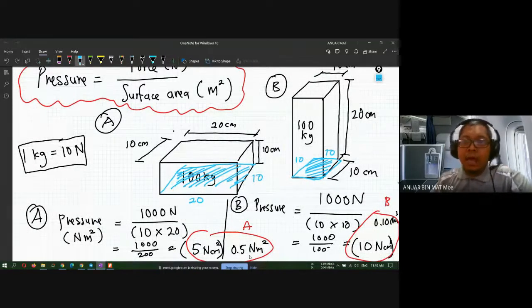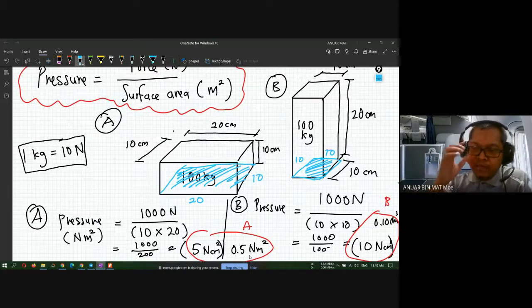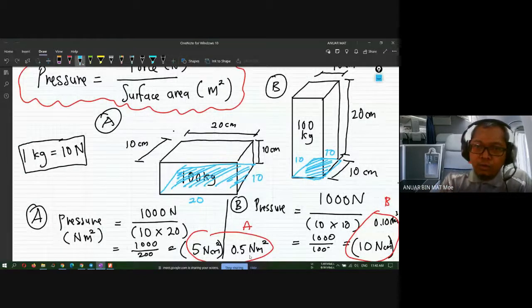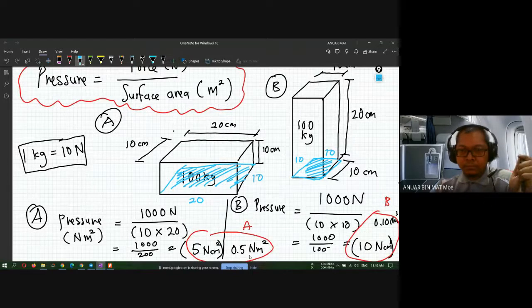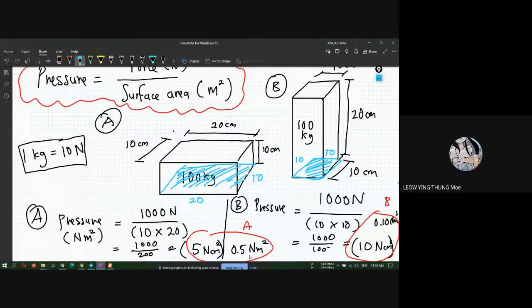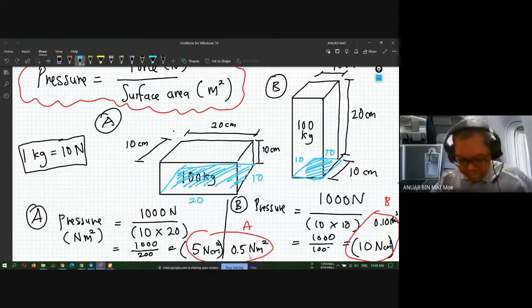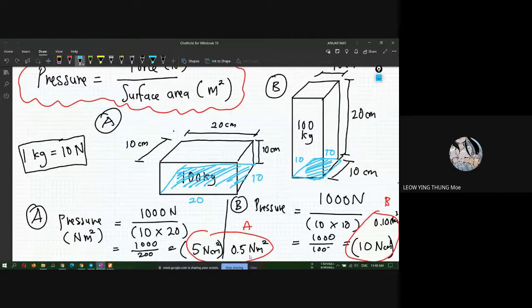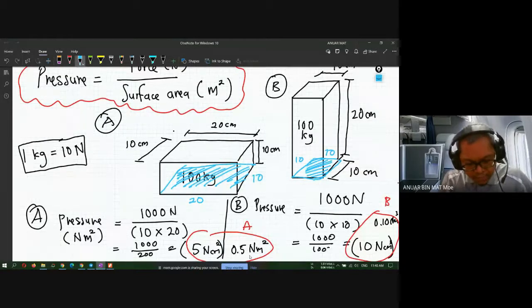My question next is how we want to equalize the pressure. What is your idea? Change the position. Yes, change the position, very good.